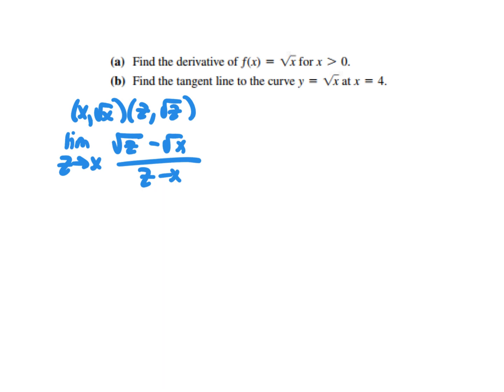As we talked about before, we can't simplify these things the way that they are, but we did talk about how we have that magical, mystical conjugate, which seems to make lots of magical things happen. So I'm going to go ahead and multiply by that conjugate in the numerator.